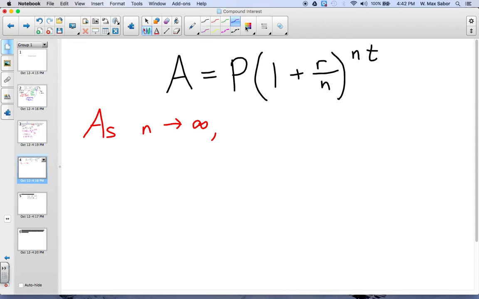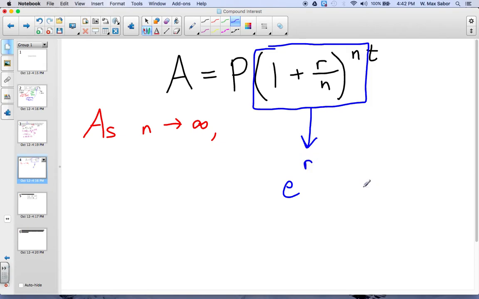What happens is that as n gets closer and closer to infinity, this part of the expression hits an asymptote. It gets closer and closer to the expression e to the r. That's a really weird thing, that it always gets closer and closer to e to the r.